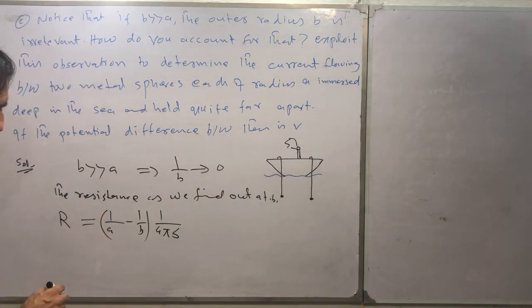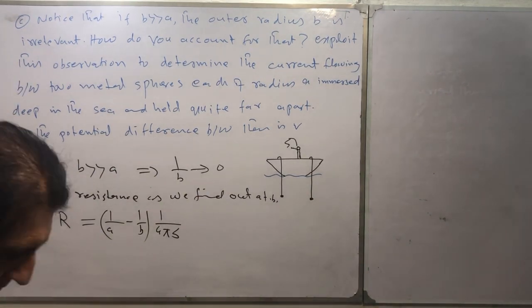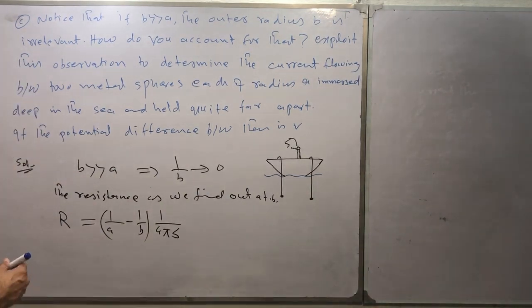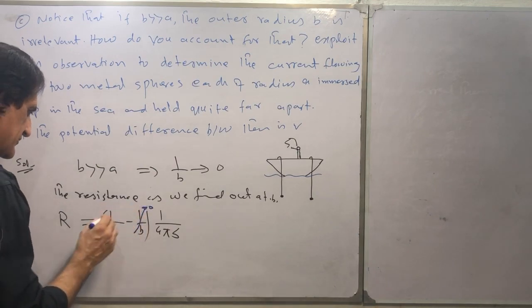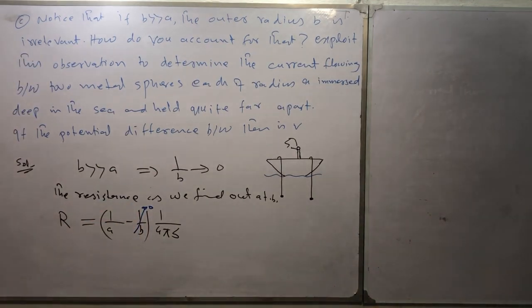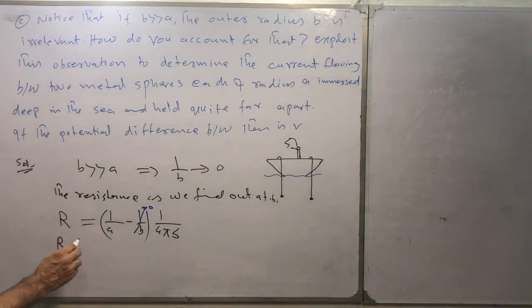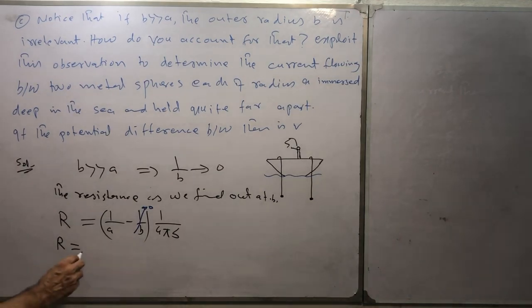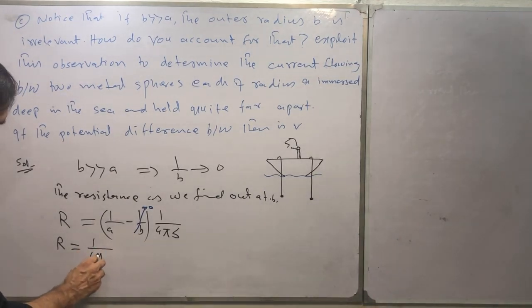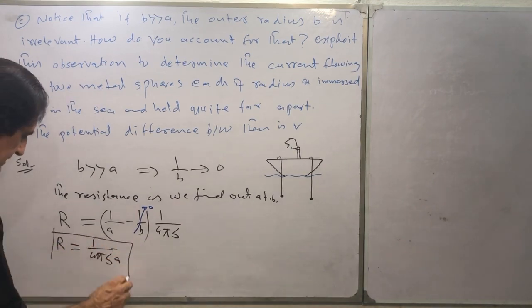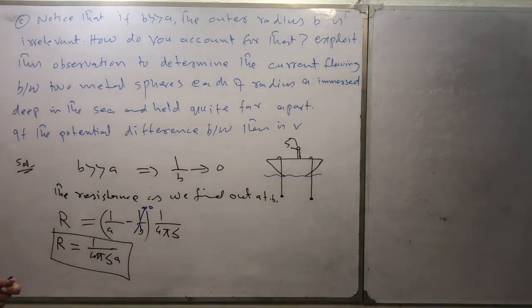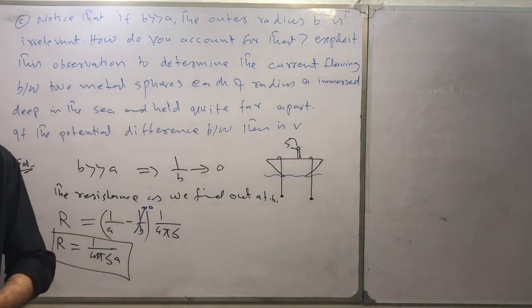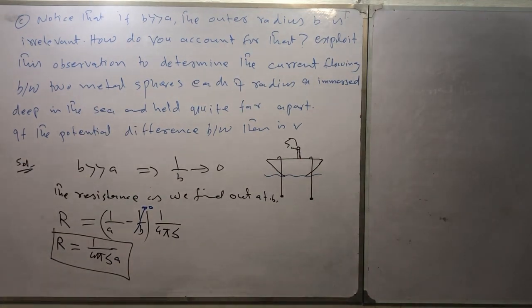From this, 1 over B is irrelevant and equal to 0, then the resistance will be equal to 1 over 4 pi sigma A. So this will be the resistance if B is very much greater than A.